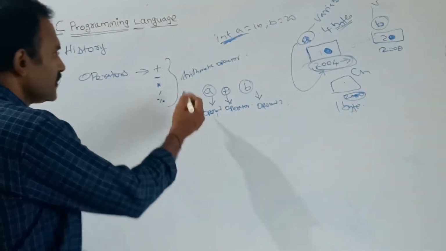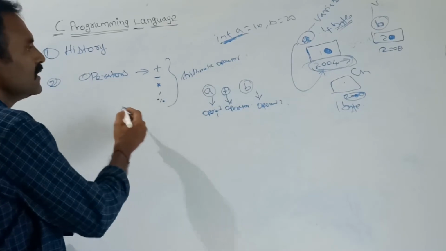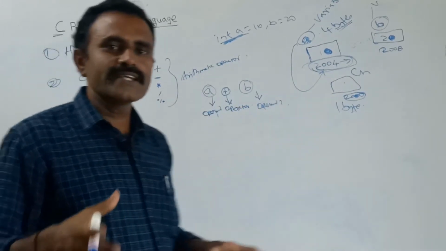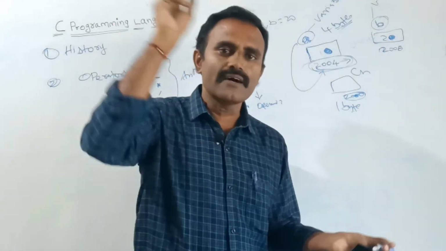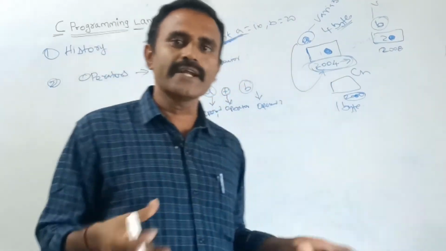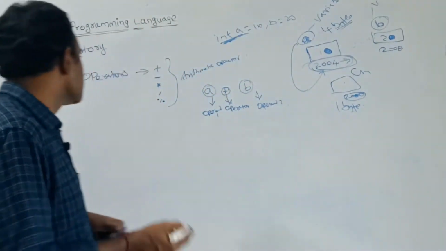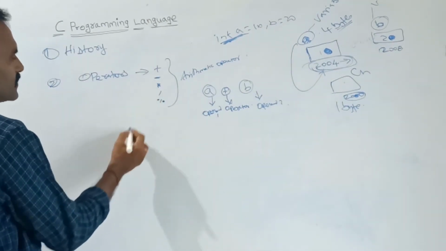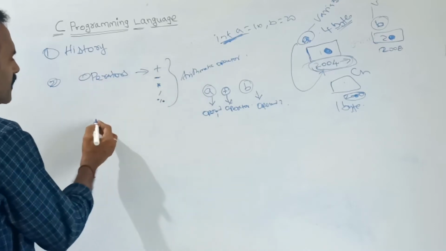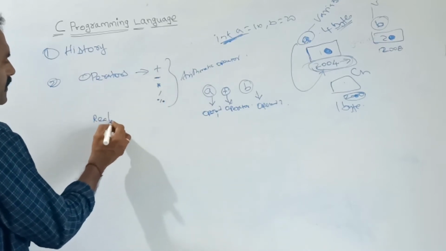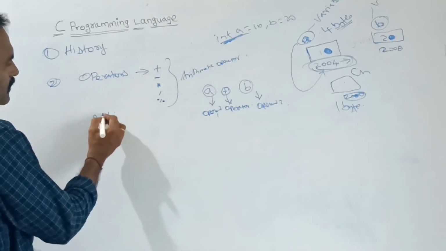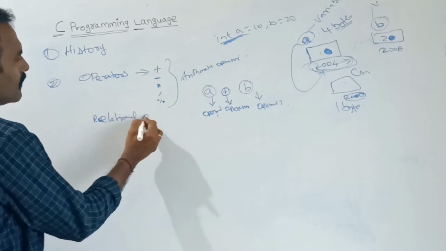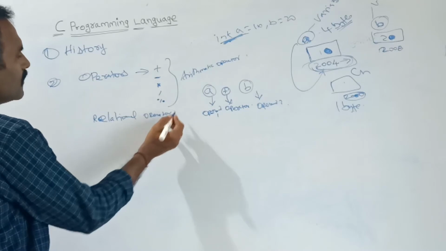See here next, operand is nothing but a variable or a number. Directly we can give a number also. Next let us see about the arithmetic operators. After the arithmetic operators, let us see about the relational operators.